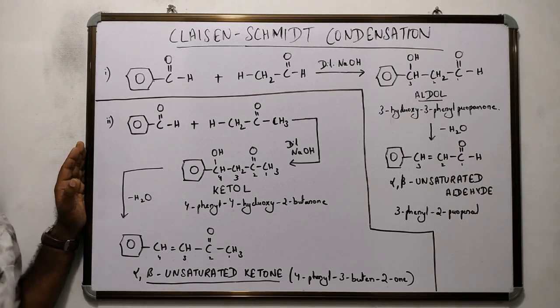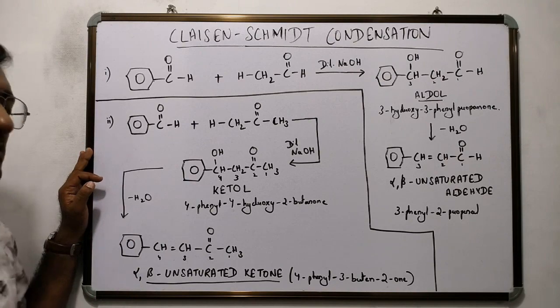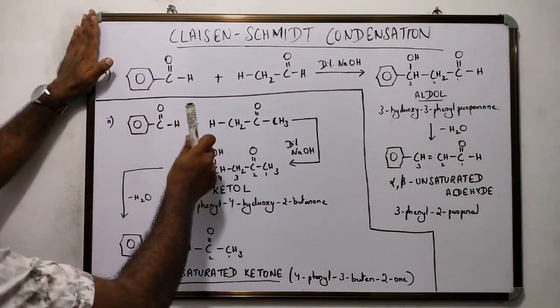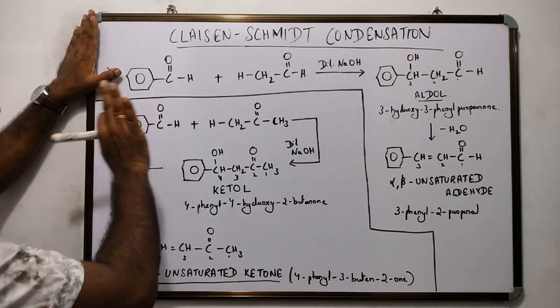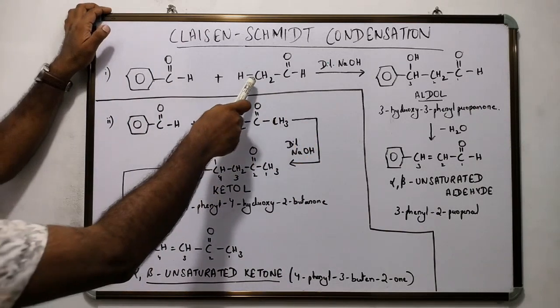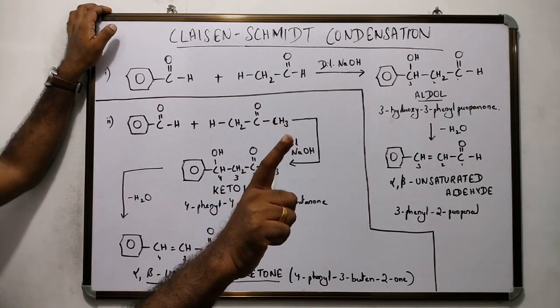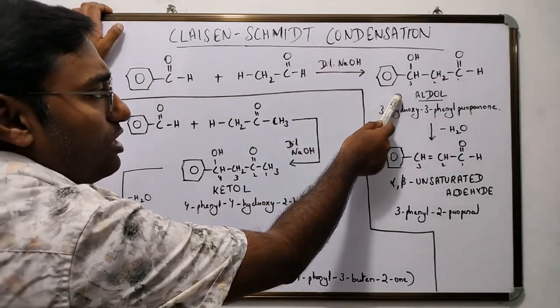Let us now try to understand our earlier made statements with the help of the reaction. Claisen-Schmidt condensation is a condensation reaction between an aromatic aldehyde that has no alpha hydrogen atom and an aliphatic aldehyde that has at least one alpha hydrogen atom in the presence of a base to form an aldol.